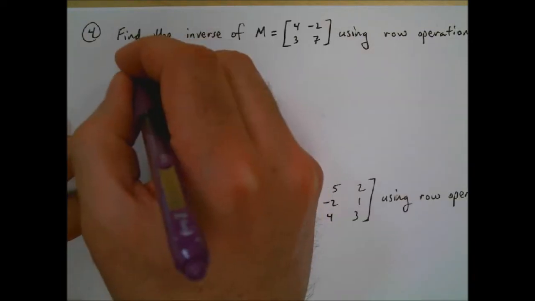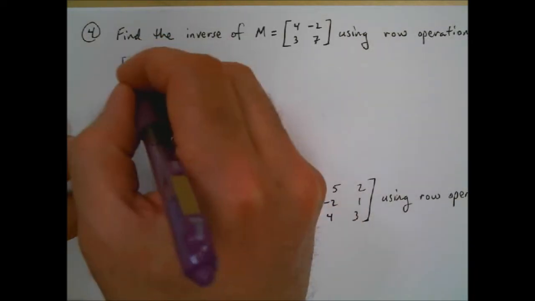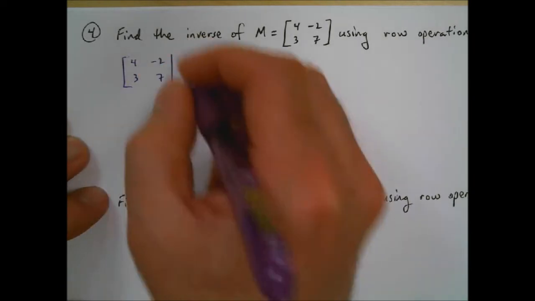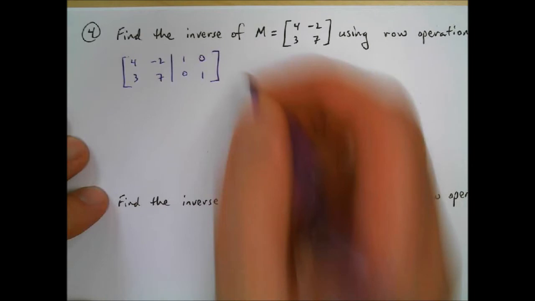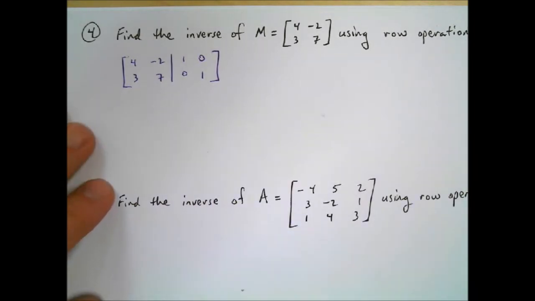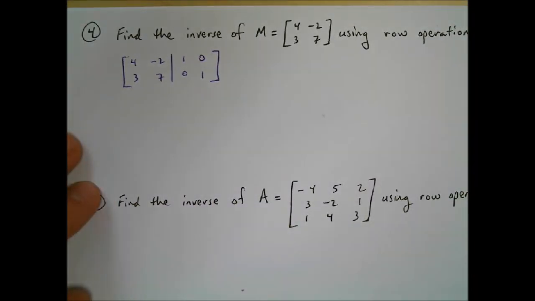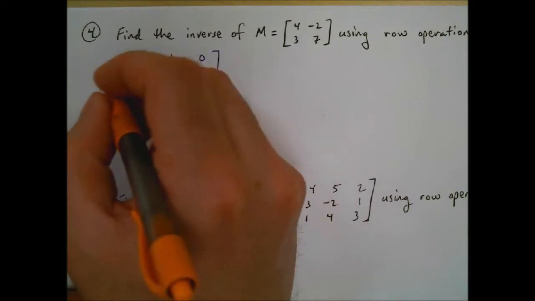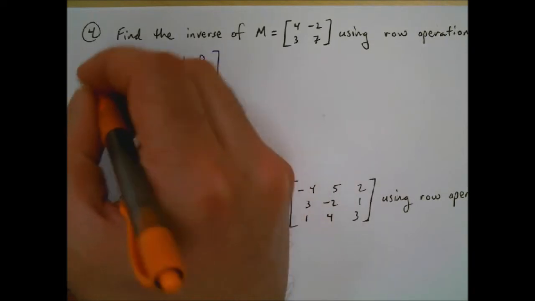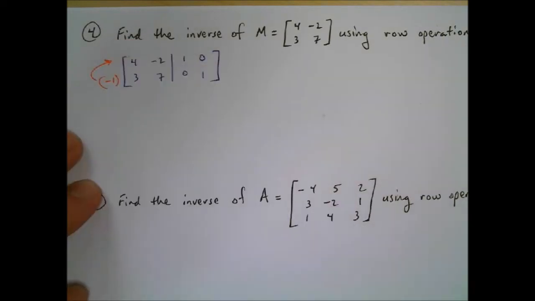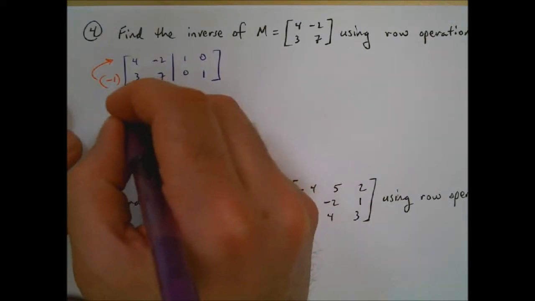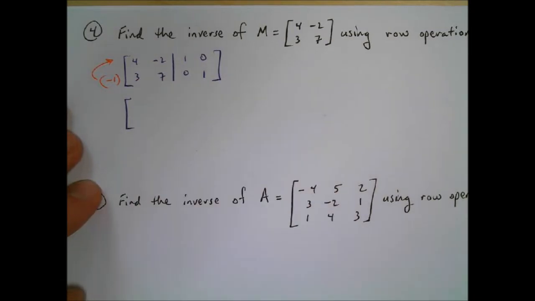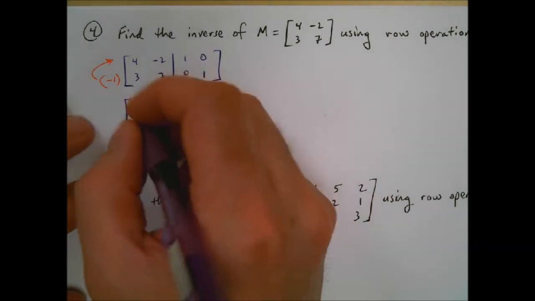We got 4, negative 2, 3, 7, and then the identity matrix over here on the other side. Okay, so I think I would multiply the bottom by negative 1 and add it to the top so we get that positive 1 in the upper left part of the main diagonal.